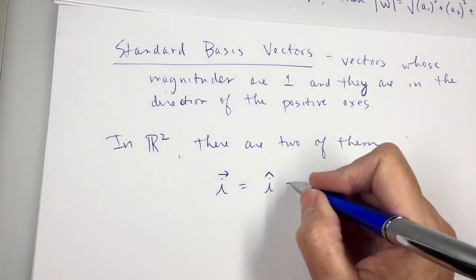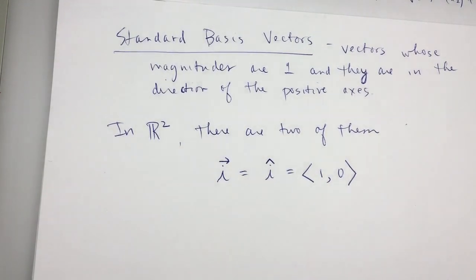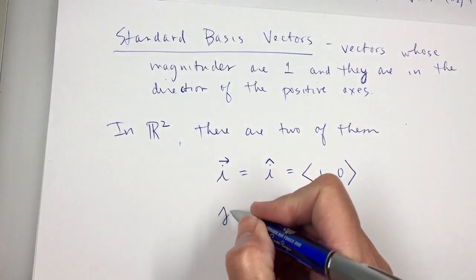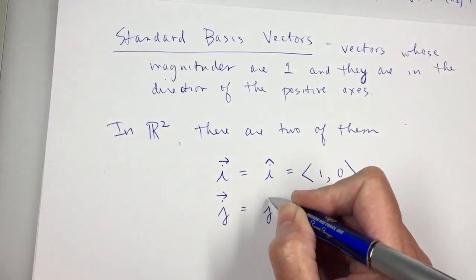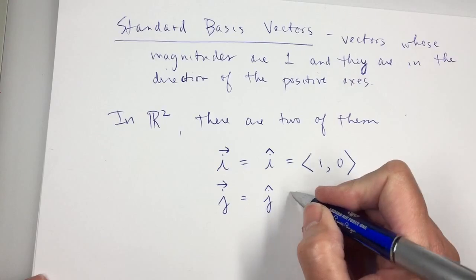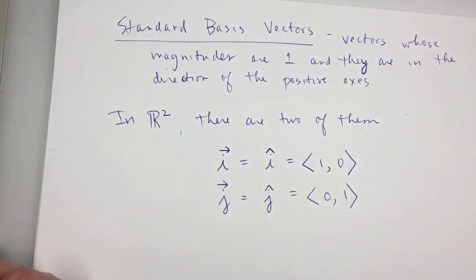And vector i equals <1, 0>. Vector j, I can write it with the arrow, I can write it with the hat. j would be <0, 1>.